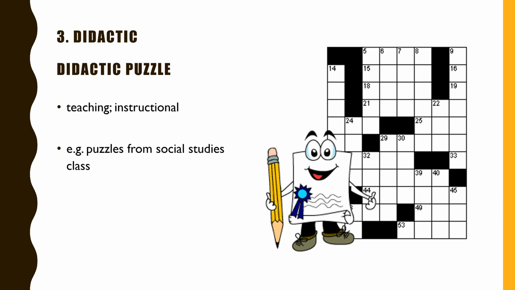So we would call that a didactic puzzle. It's related to an interesting word, autodidact. Autodidact is a self-taught person. So if you don't go to college, university, instead you read a lot of books and you learn all these high-level things by yourself, then you are called an autodidact.